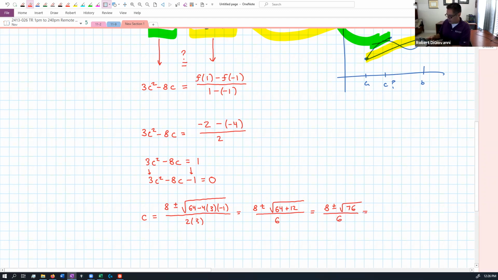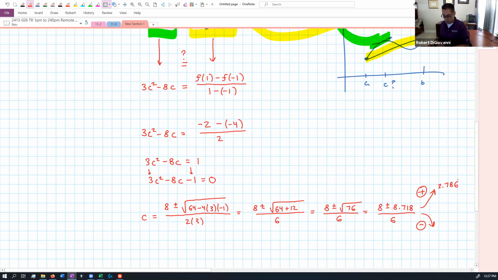Get my calculator, I'm going to get a decimal for that. The square root of 76 is about 8.718, so this is 8 plus or minus 8.718 over 6. And now I have two different answers, one with the plus, one with the minus. So I do 8 plus 8.718, divide that by 6. I get one answer of 2.786.